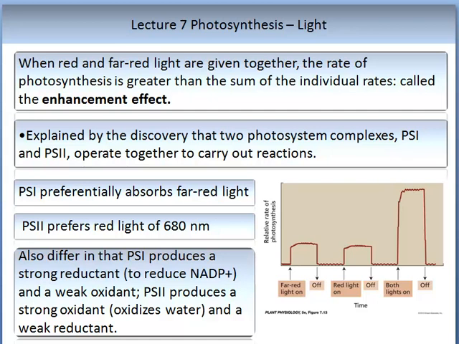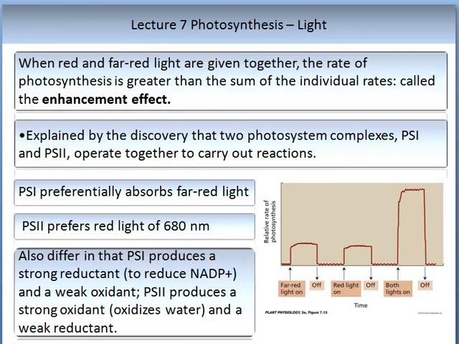Photosynthesis has some interesting characteristics. When red and far red light are given together, the rate of photosynthesis is greater than the sum of the individual rates, and this is called the enhancement effect. It is explained by the discovery that there are 2 photosystem complexes, Photosystem 1 and Photosystem 2, and that they operate together to carry out these reactions.